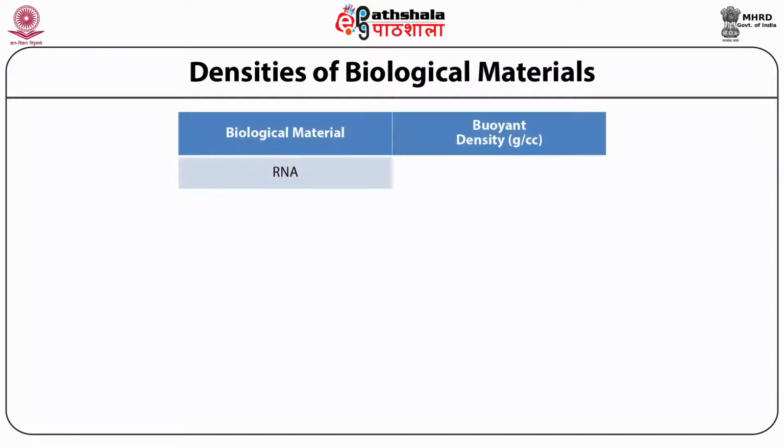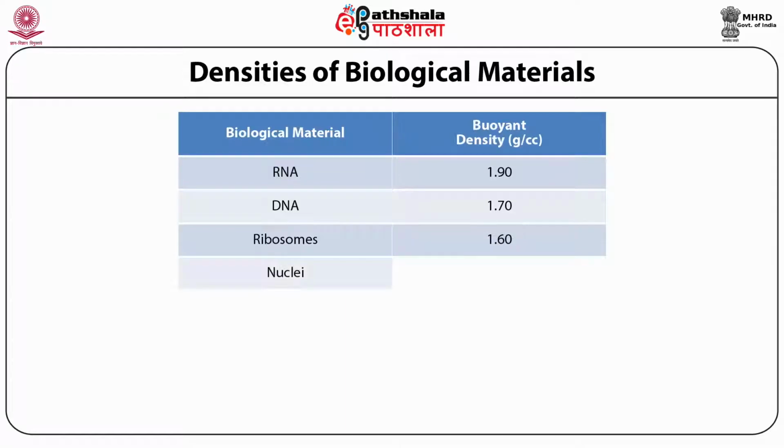RNA is the smallest molecule and has a density of 1.9 gram per cc, DNA has 1.7, ribosome, a little bigger molecule, has 1.6, and the nucleus of the cell has 1.32. The density of chloroplasts ranges from 1.21 to 1.24.